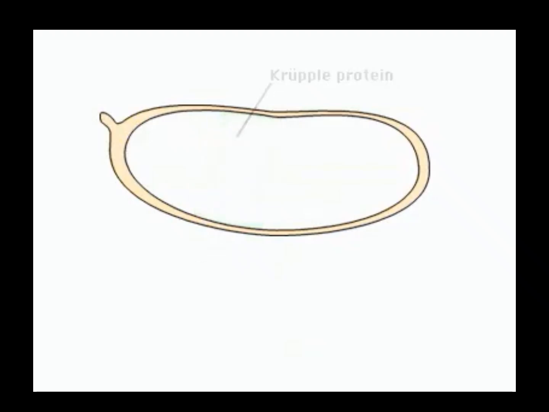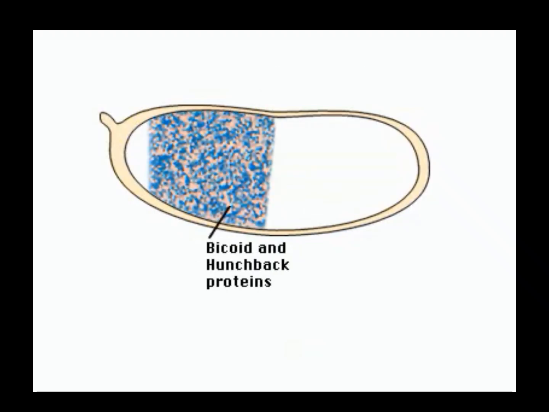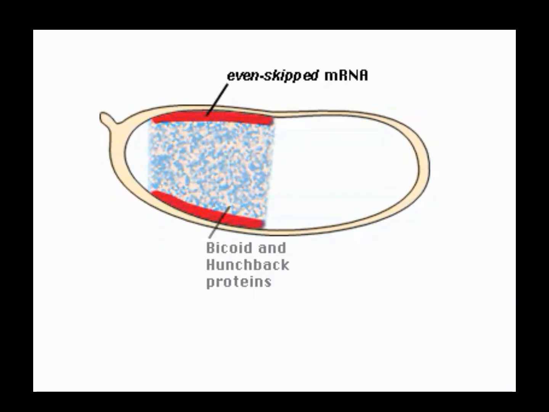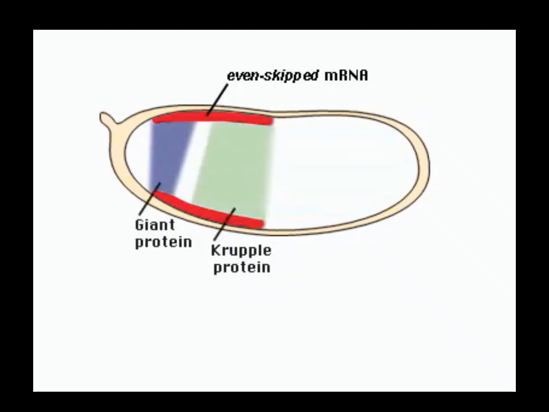Bicoid, hunchback, Krüppel, and a fourth protein, giant, control expression of even-skipped stripe 2. Bicoid and hunchback activate transcription of the even-skipped gene in a broad band, while giant and Krüppel repress its transcription at sharp anterior and posterior boundaries. This generates a precise stripe of even-skipped protein.